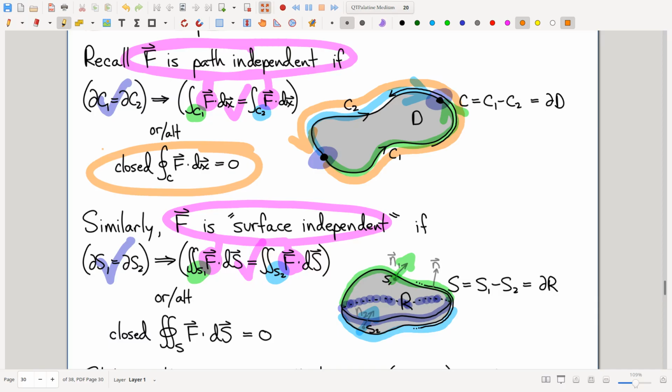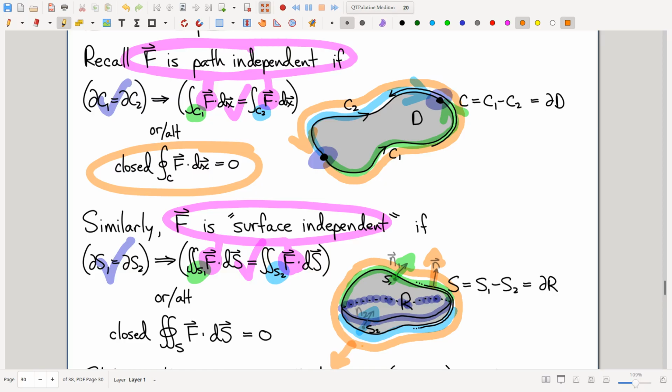And I'll bet you can see this coming. We also, likewise, can talk about an analogous argument, an analogous construction. Over here, if I look at the surface that's made up of S1 and S2, oriented the same way that S1 is, which you'll notice means it's oriented opposite of the way S2 is.